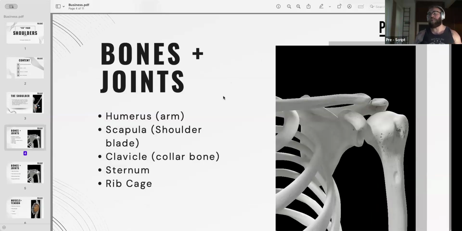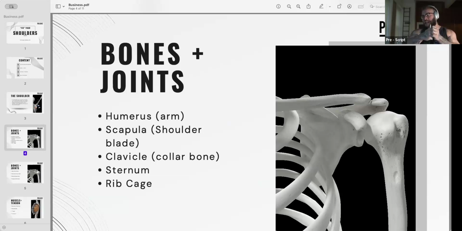If you've gotten a more sophisticated approach, you might have someone refer to it as a golf ball on a tee. All that analogy is trying to relay is that the socket of the shoulder is not as deep as the socket analogy might make you believe.